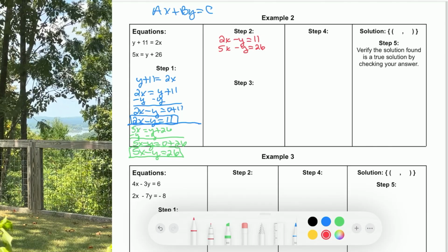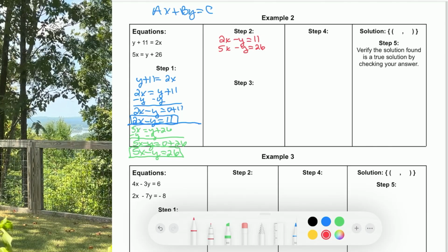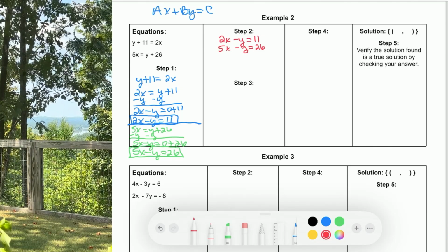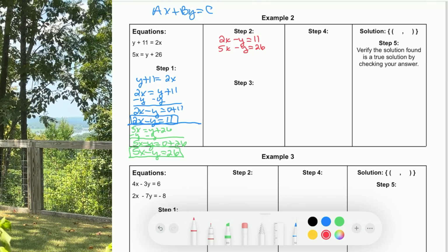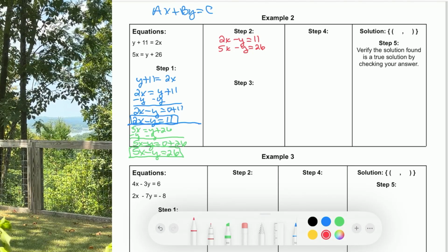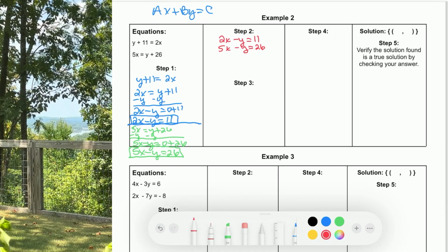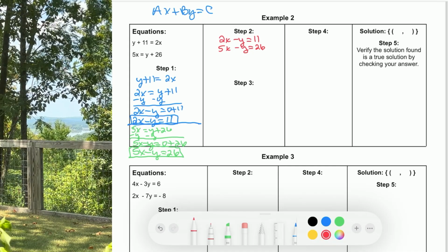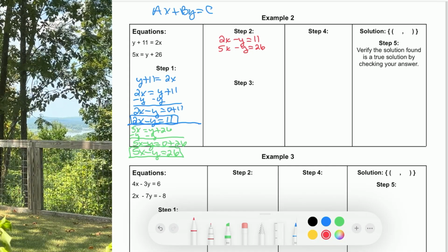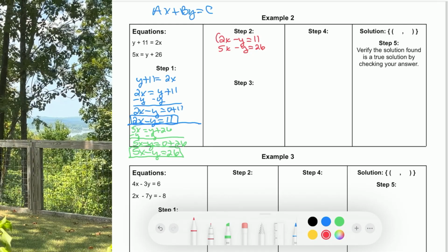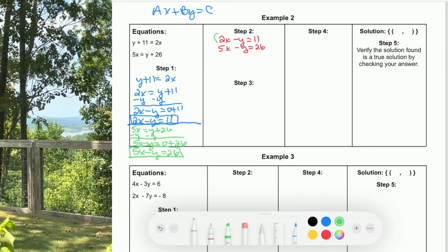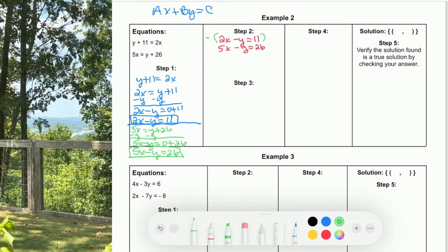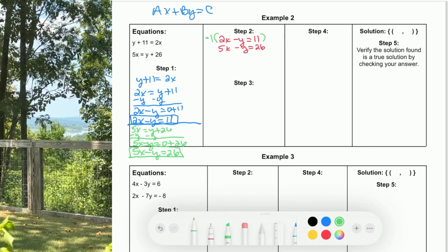All right, so the first thing I notice is I have single y's here, but they're not in opposite signs. So I need to adjust one of these equations so that my y will be a positive y rather than a negative y. So what I'm going to do is I'm going to multiply this top equation by a negative 1.